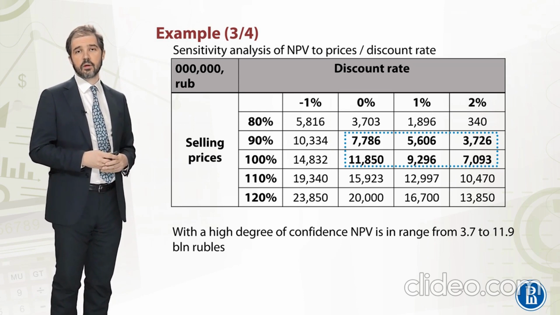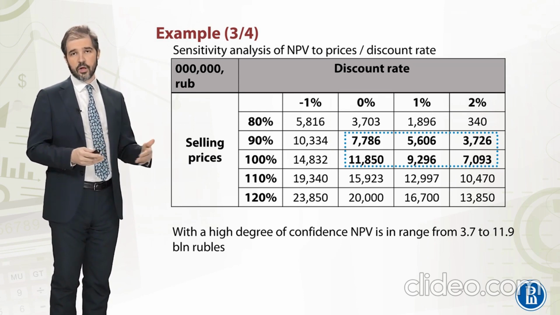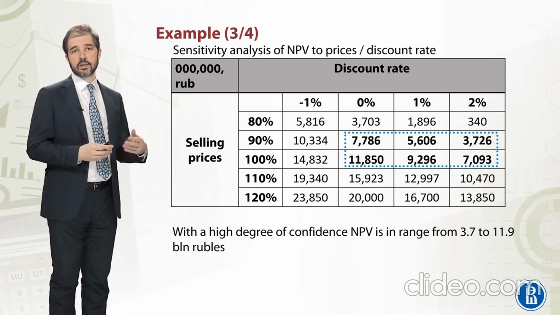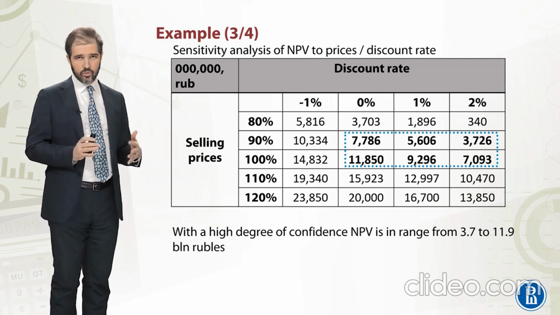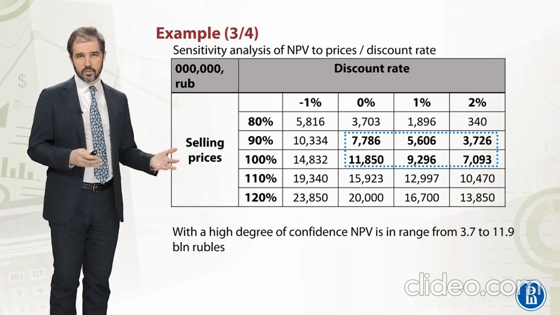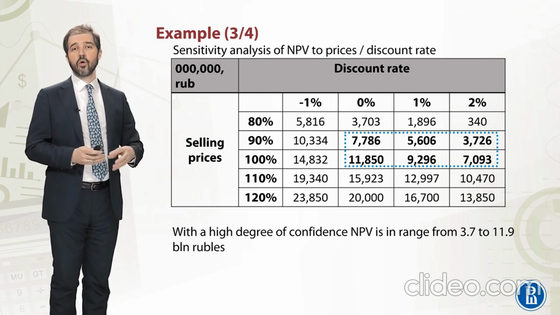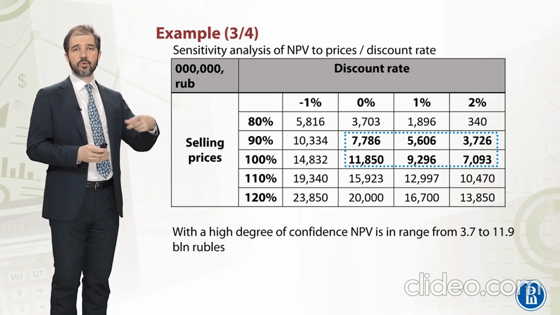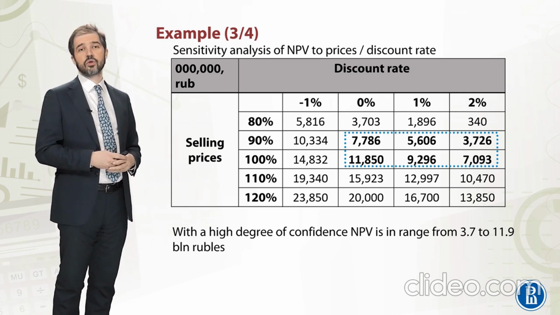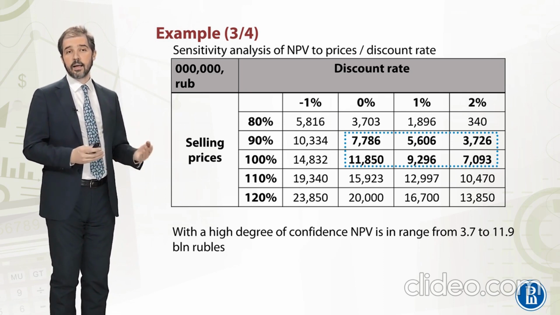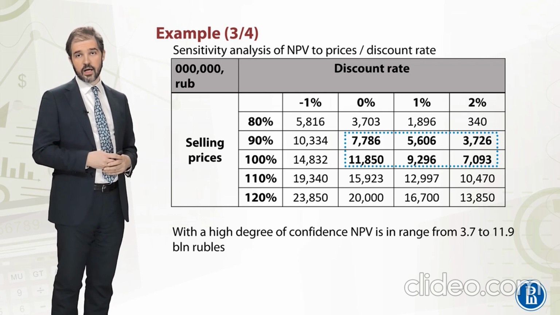This is possible range when you will increase discount rate from 0%, like you do not have just adjustment to discount rate, or you slightly increase by 1% and 2%, and when you will reduce your selling price in your forecast period.